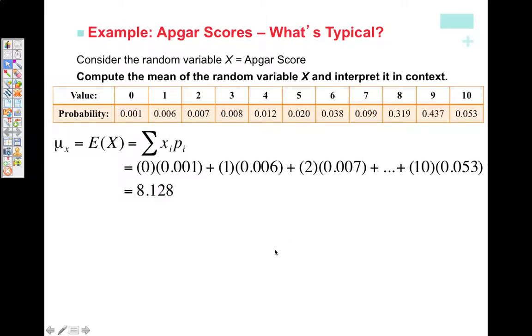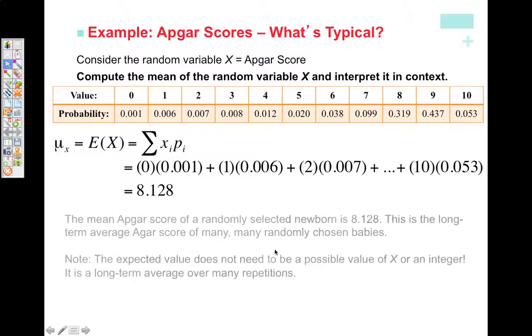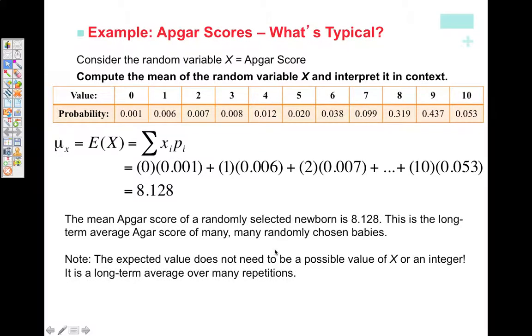You should have ended up with 8.128, meaning that the mean score of a randomly selected newborn is 8.128. And that is the long-term average of many, remember long-term for probability, many randomly chosen babies. Expected value does not have to be one of the values from the data table. It can be a decimal. It's an average, guys, and that's okay.